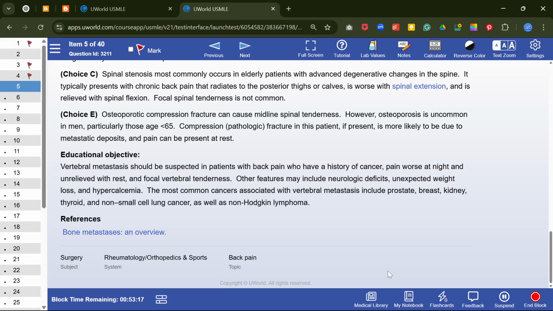Others we can exclude. Osteoporotic compression fracture can cause midline spinal tenderness. However, osteoporosis is uncommon in men, particularly those aged less than 65. A compression fracture in this patient, if present, is more likely to be pathologic due to metastatic deposits, and pain can be present at rest.